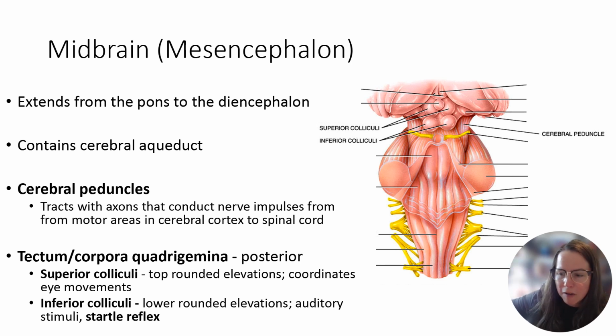If a car backfires or you hear the dishes crash in a restaurant, everybody turns to look at that. That's your startle reflex. You hear a loud noise, your brain interprets that as, ooh, that could be bad, and so you observe to see what that is.